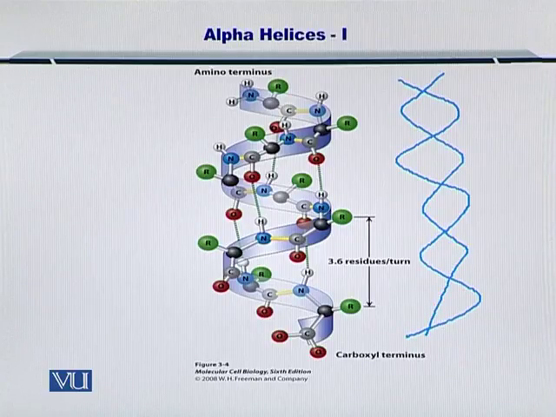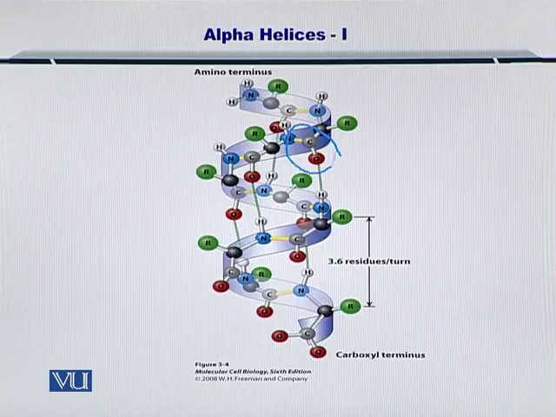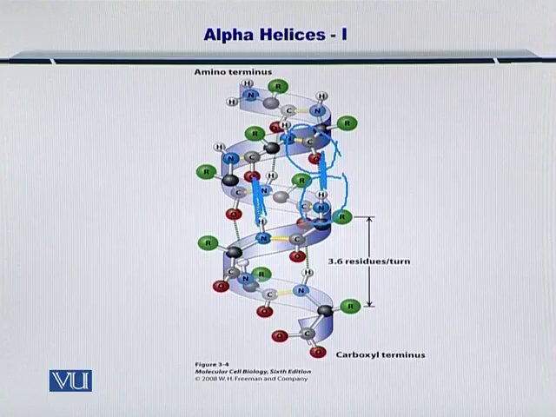You can see that the C termini and the N termini are making hydrogen bonds here, as well as at this position, as well as at this position, and here as well. These hydrogen bonds are holding the helix together in the form of a spiral that is shown here.